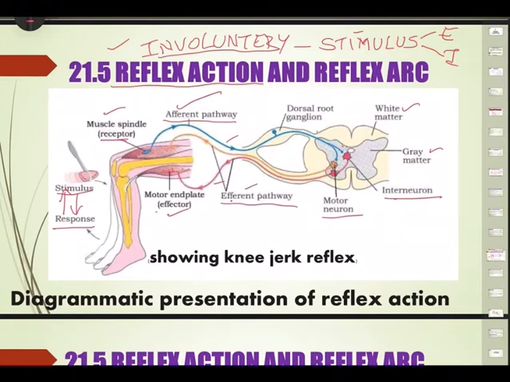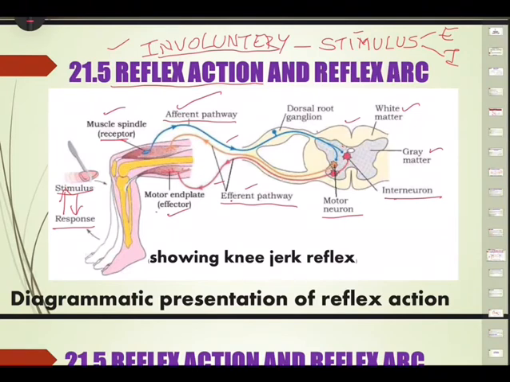And for all this to happen, the spinal cord is a must. As I said, the spinal cord plays a crucial role. Normally our spinal cord is 42 to 45 centimeters long. It extends from the medulla oblongata, all of you know, and is continuous to the level of the second lumbar vertebra, we say L2.